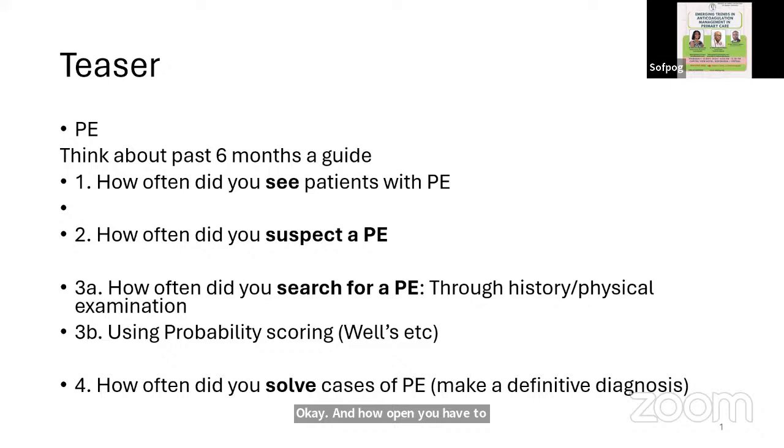How often do you use a risk stratification score? And then how often did you make a definitive diagnosis of pulmonary embolism?